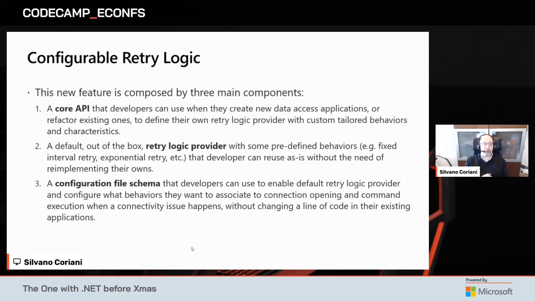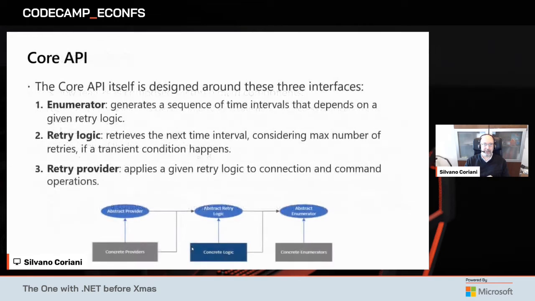And then we have this configuration file schema, where again there's no need to actually use those APIs. You can just configure your SqlClient components in your application to leverage the out-of-the-box retry capabilities, as we will see in a second.